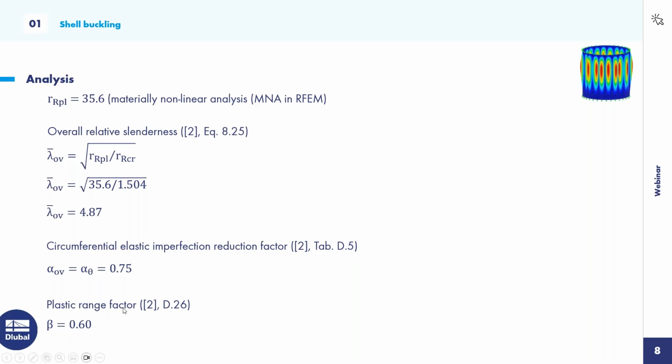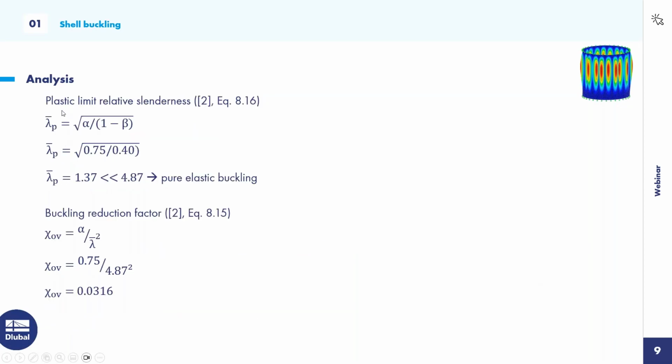Then the plastic range factor according to D26. Then we calculate the plastic limit relative slenderness according to equation 8.16. And this comparison shows that we have got pure elastic buckling. That's the buckling reduction factor according to equation 8.15.